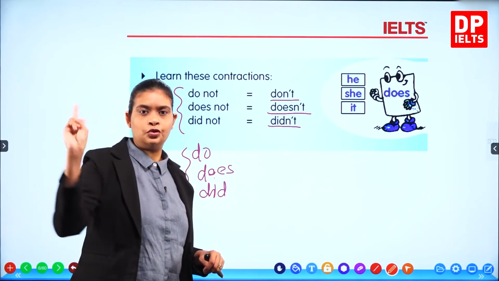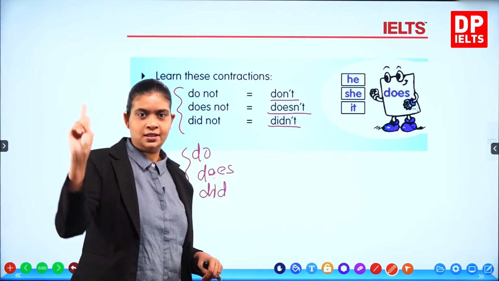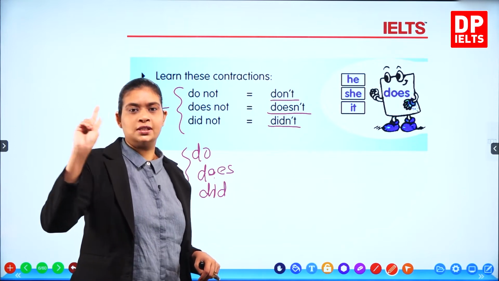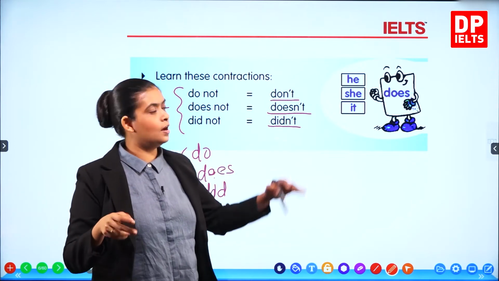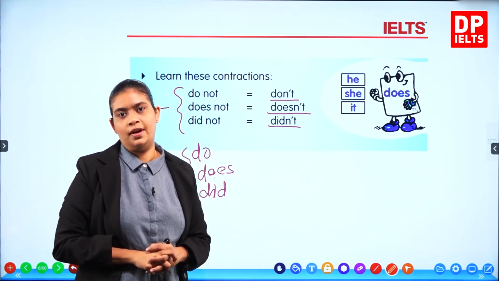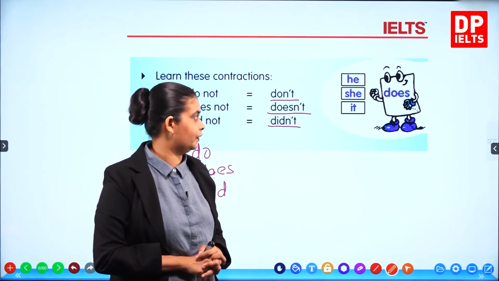Do not, don't, does not, doesn't, did not, didn't. So that becomes your contraction or rather contracted form, right?